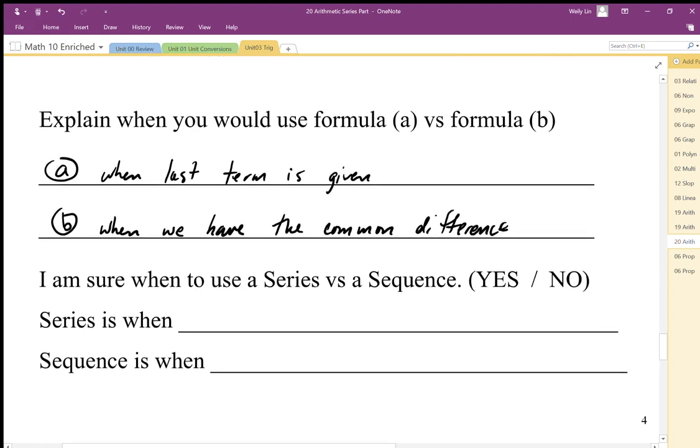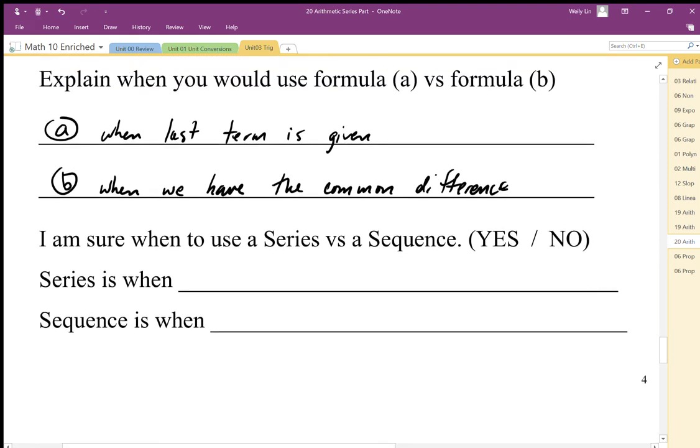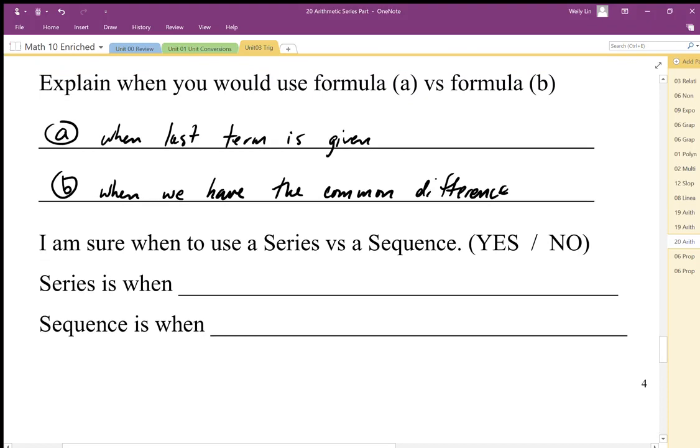So this question is really just a self-check. Do we understand when we're dealing with a series versus a sequence? A series is a sum of all the terms. A sequence is when we list out each individual term. So a series is when we add up all terms.